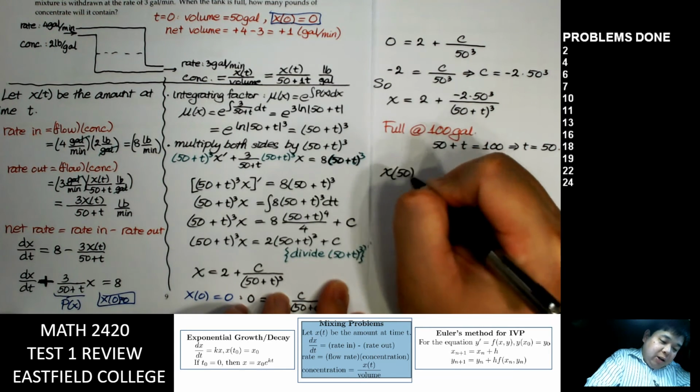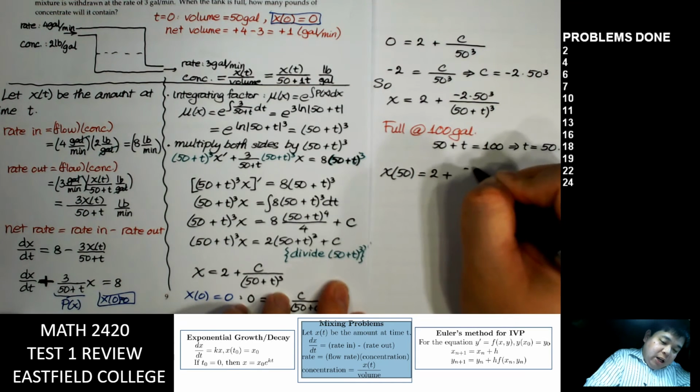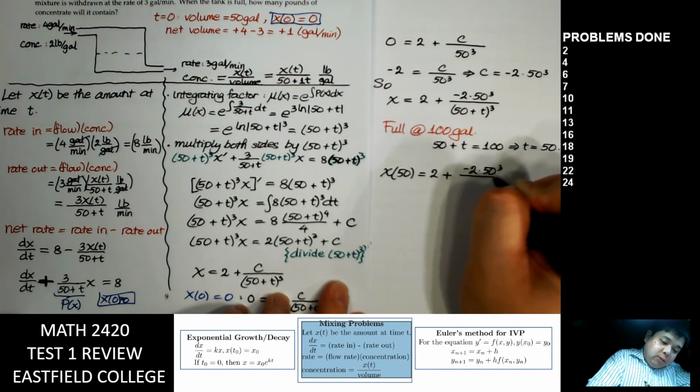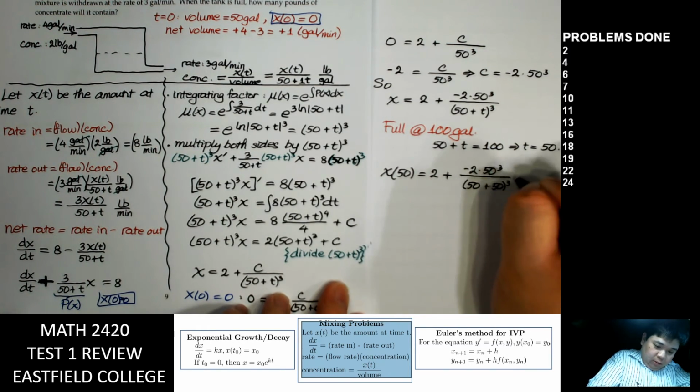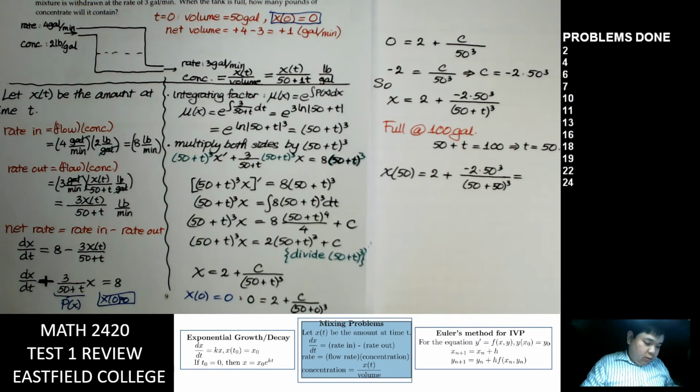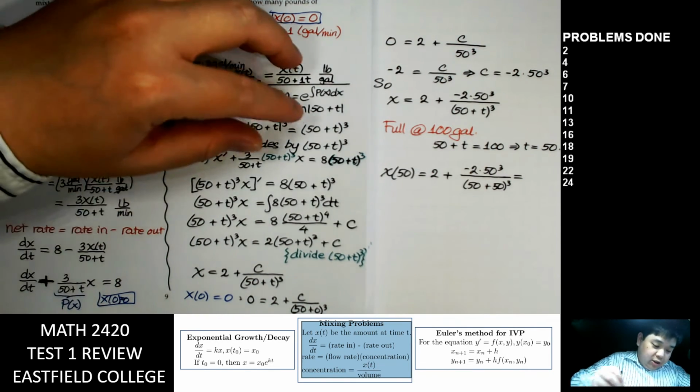So x of 50 equal to 2 plus negative 2 times 50 cubed, 50 plus 50 cubed. There's something. Never mind. Yeah, I know that there's something wrong here, sorry.